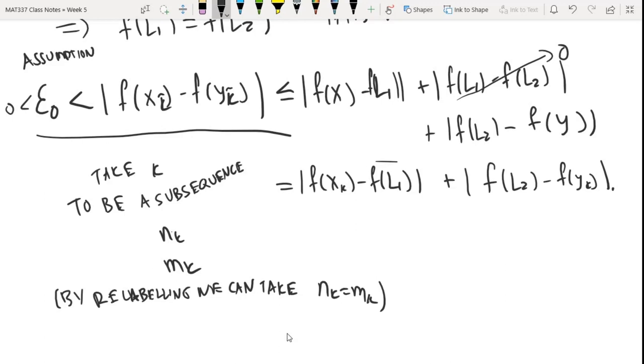Anyhow, so again, these two are controlled by uniform, by sequential continuity.